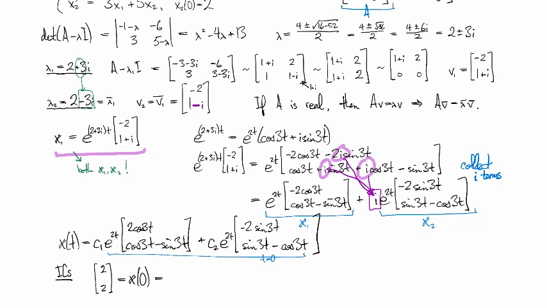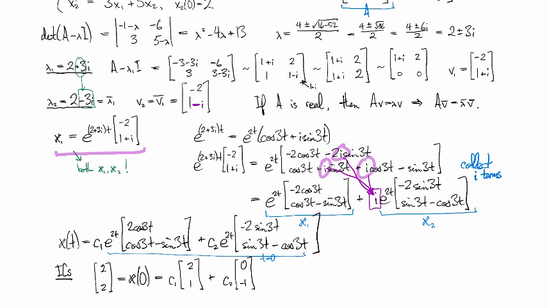So those exponentials are both going to become 1. And so we have c1 times 2, 1, and c2 times 0, minus 1.